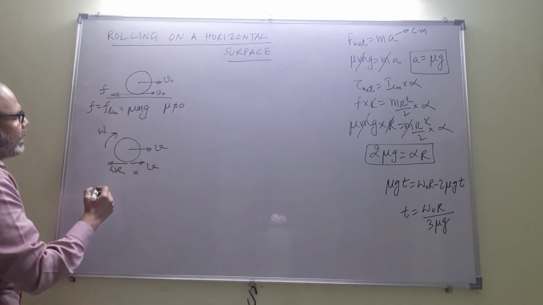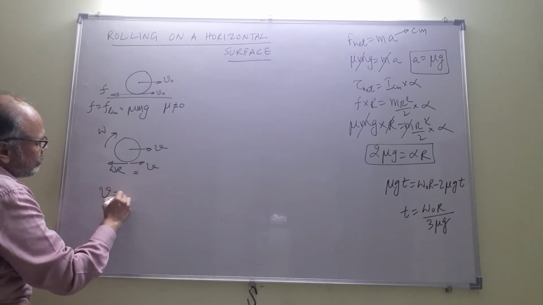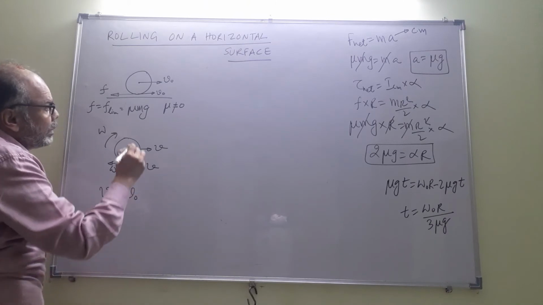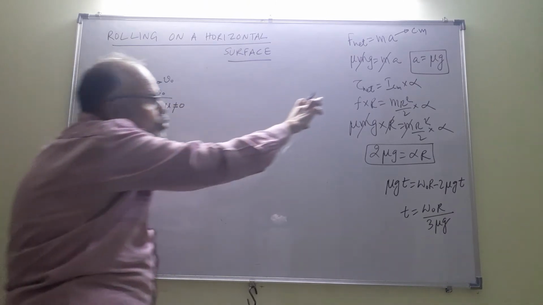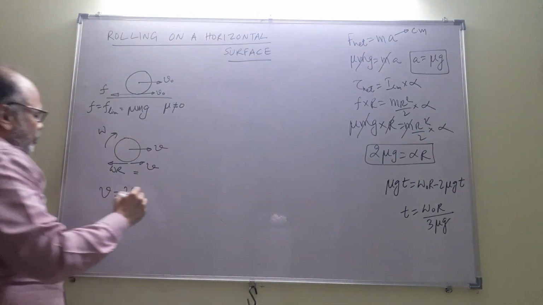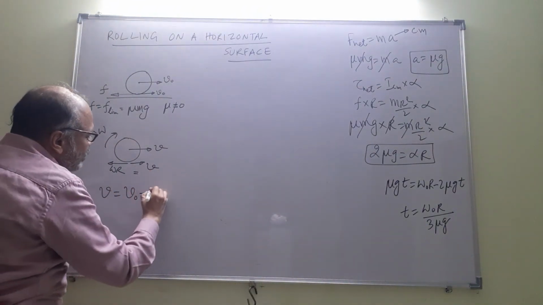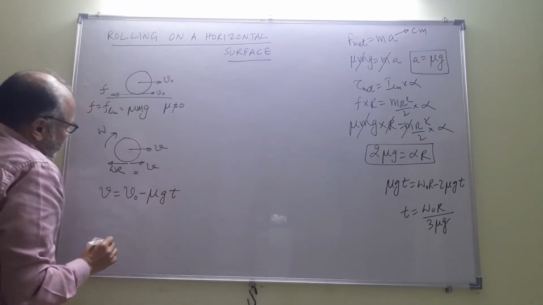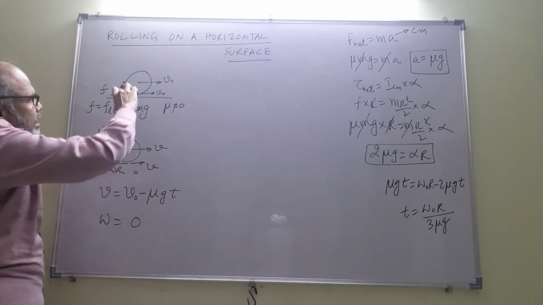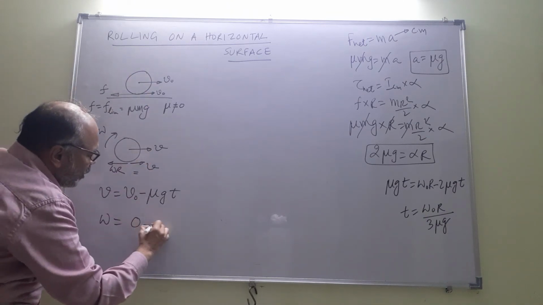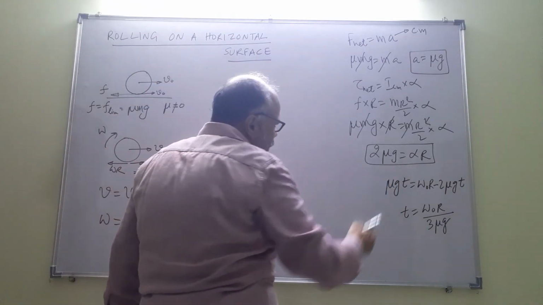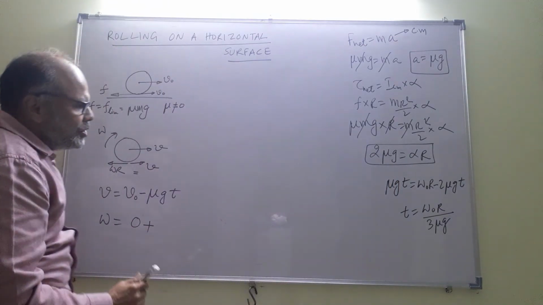Now again we will use the kinematic equations. v is equal to u plus at. Here the acceleration mu g of the center of mass is actually a deceleration. So you have v naught minus mu g into t. Omega initially was 0, plus now it will be an accelerating angular acceleration, not a retardation.